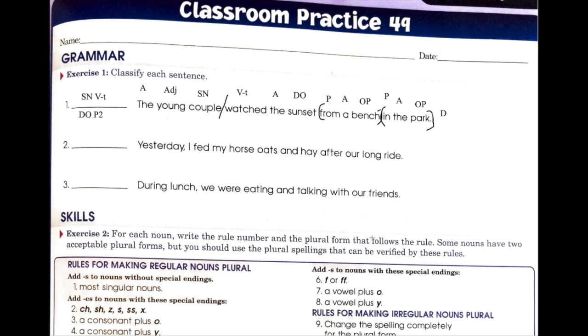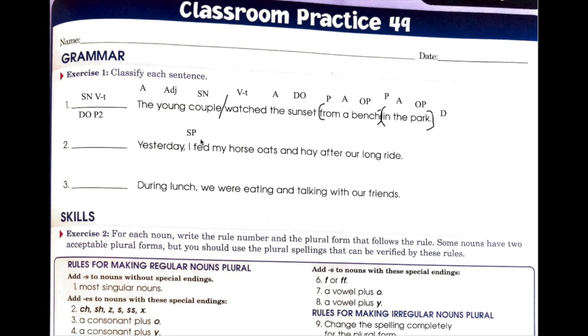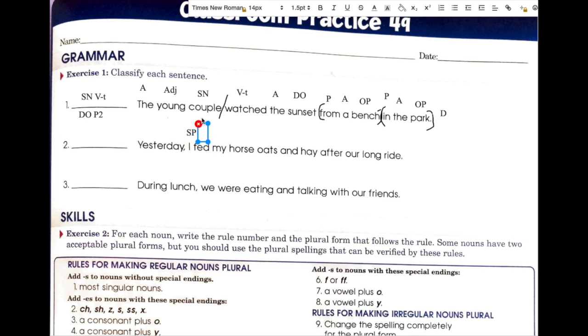Okay, number 2. Yesterday, I fed my horse oats and hay after our long ride. Who fed my horse oats and hay after our long ride? I. Subject, pronoun. What is being said about I? Fed. Verb.